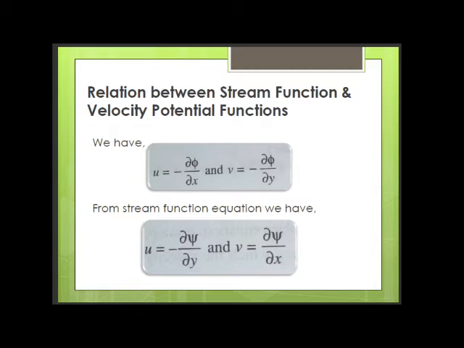We have the velocity potential function equations u = −∂φ/∂x and v = −∂φ/∂y. Similarly for the stream function, we have u = −∂ψ/∂y and v = ∂ψ/∂x. So here we get the values of u in the form of φ and also ψ.